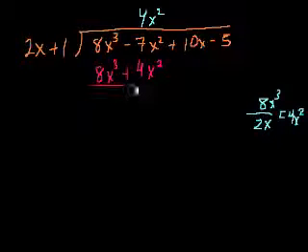Now, just like with traditional long division, we can subtract this from this. Minus 7x squared minus 4x squared is minus 11x squared, and 8x to the third minus 8x to the third is 0, so we can ignore that.